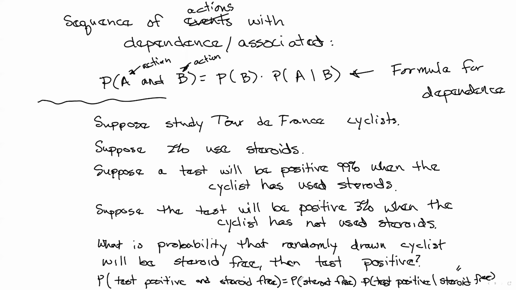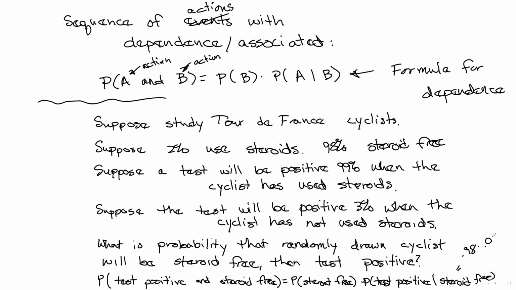So what's the probability that they're steroid free? We know that 2% use steroids, which means that 98% are steroid free. So 0.98 is the first probability. Then, what is the probability that they test positive, given that they're steroid free? The test is positive 3% of the time when the cyclist does not use steroids.